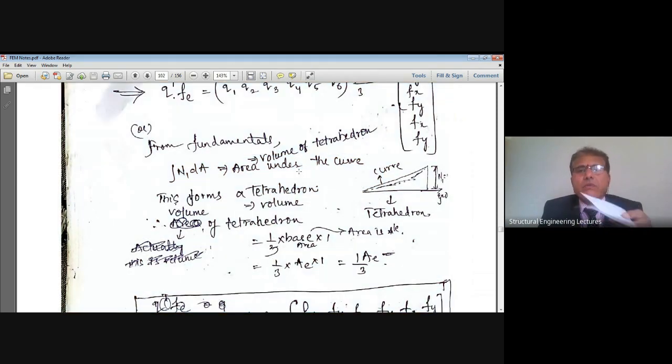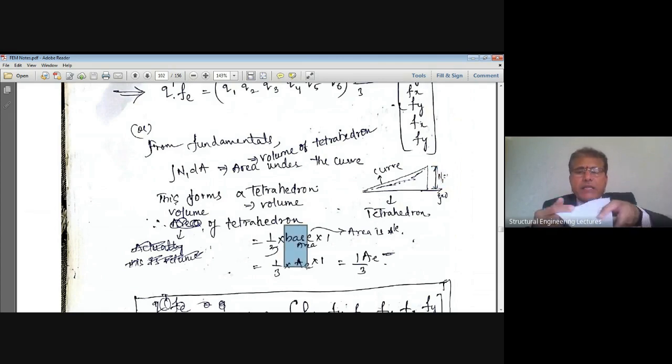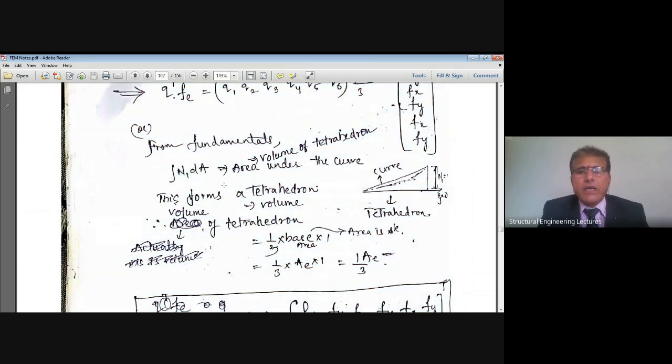Therefore, the volume of this tetrahedron is nothing but 1 by 3 base multiplied by height. Here the height is equal to 1 unit, N1 is equal to 1, and the base is nothing but the base area, in plan, this is the base area AE. Therefore, here also I can prove that integration N1 dA is nothing but 1 by 3 multiplied by AE.